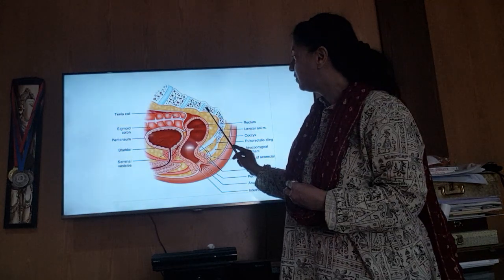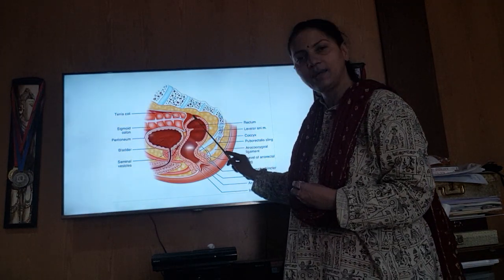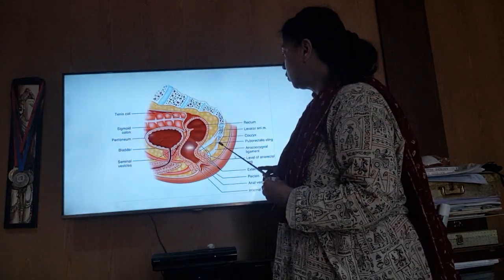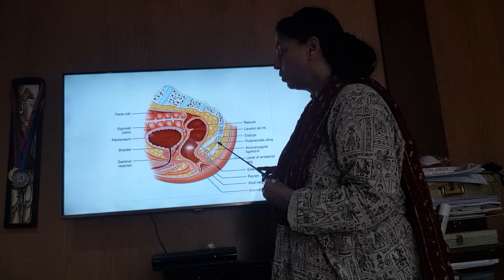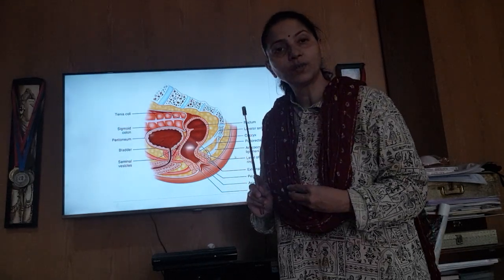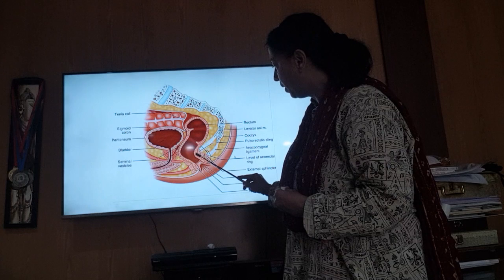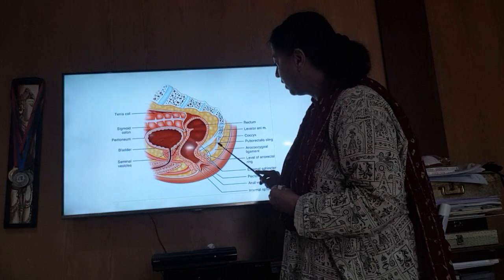So it begins at the level of the S3 vertebra, and it ends 2 to 3 centimeter below the end of the coccyx and also 2 to 3 centimeter in front of the coccyx. So this is the point, and this is the extent of the rectum.